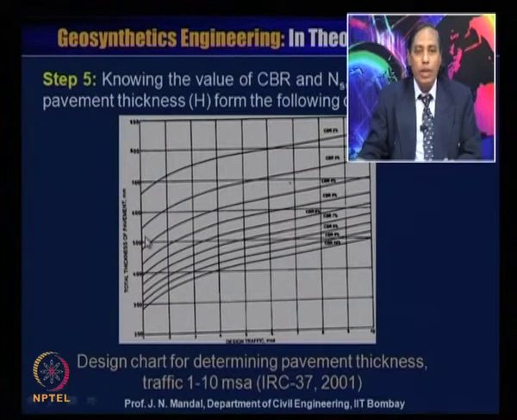This design chart is based on the IRC code specification, and it is mainly for unreinforced soil, so there is no geotextile or geogrid material. It shows how to calculate the pavement thickness without geotextile, where the traffic is 1 to 10 MSA, for various values of CBR.